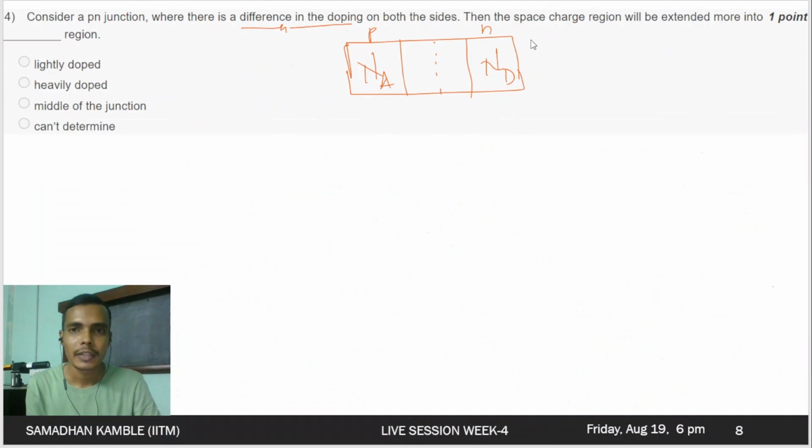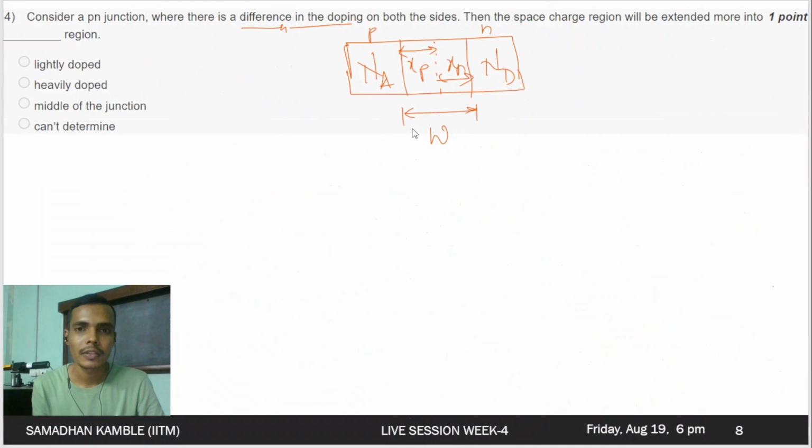Then the space charge region will be extended more into which region? This is the region where the depletion region is formed, and the space charge actually extends into this region. So this is the depletion width on the p side, xp, and this is the depletion width on the n side, that is xn.